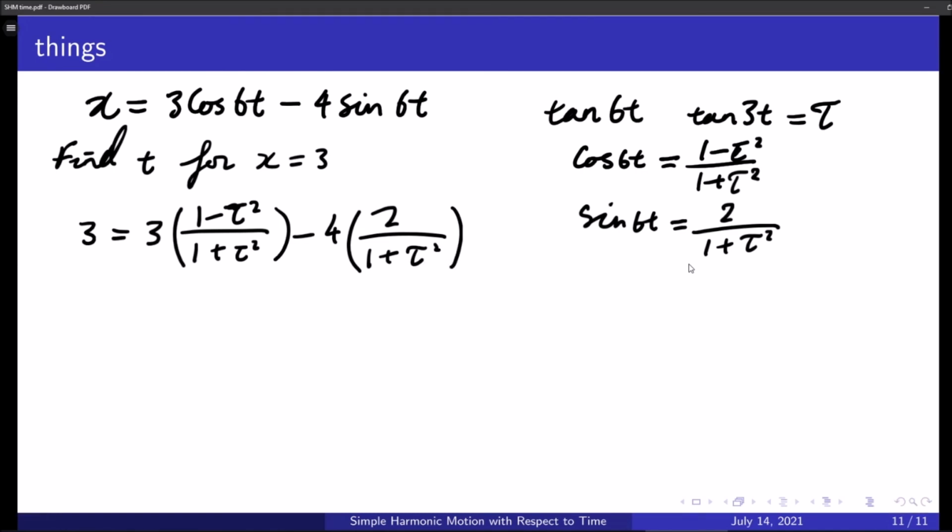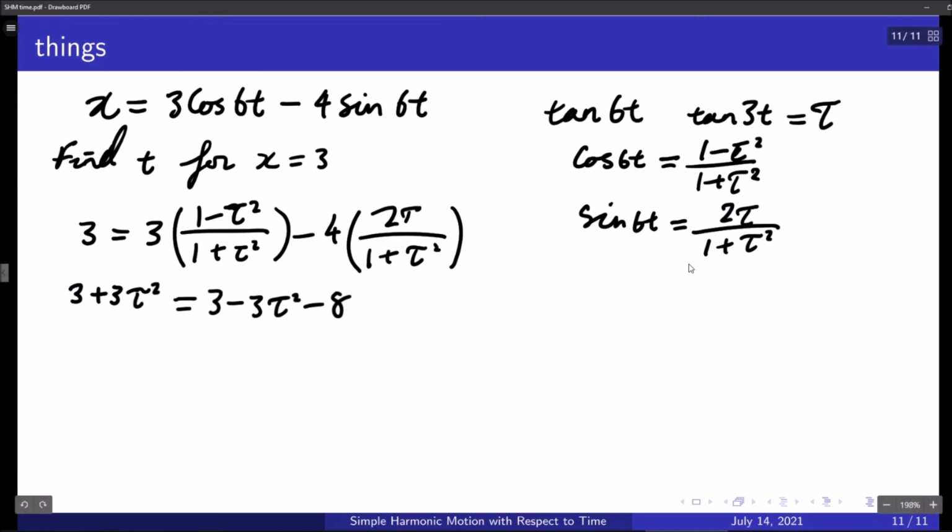Okay, so what do we end up with? We can just multiply both sides by 1 plus tau squared, so it's 3 plus 3 tau squared equals 3 minus 3 tau squared minus 8 tau. Oh wait, sorry, it's 2 tau here.